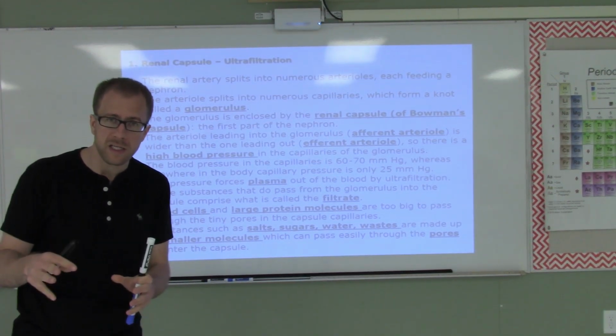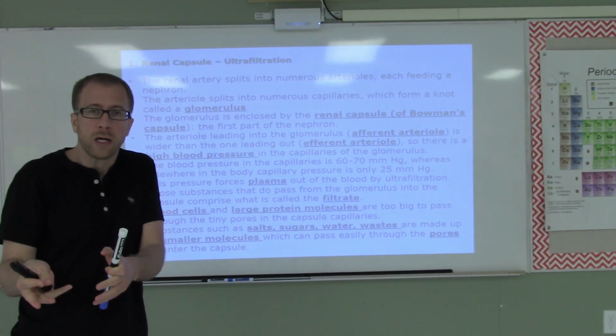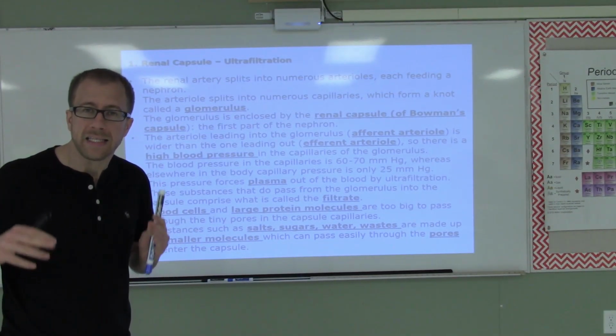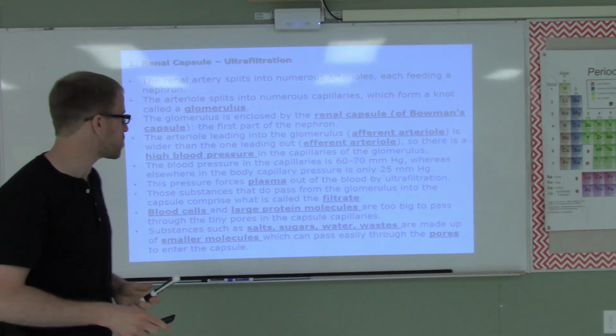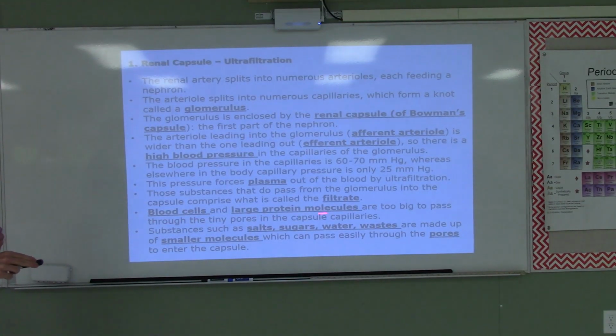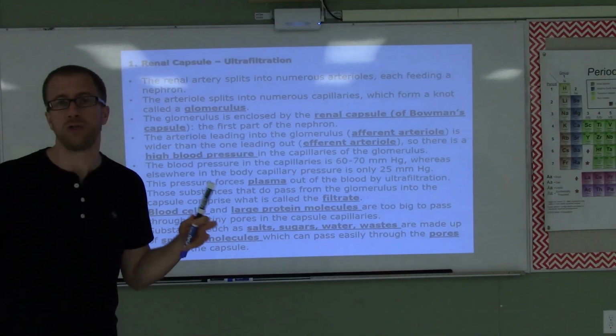Now, the glomerulus vessels are quite leaky. So under this high blood pressure, a lot of fluid leaks out. And again, it's indiscriminate, but there are a couple of things that do not squeeze through. What does not squeeze through is blood cells and large proteins, effectively very large molecules.